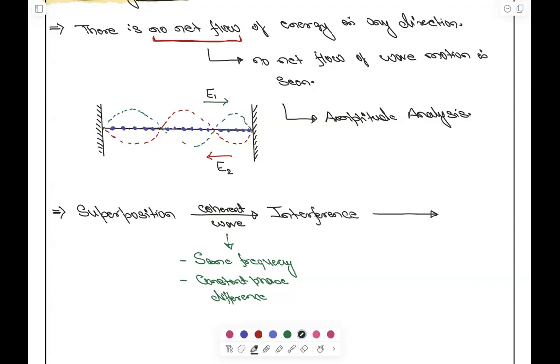And when we have the same amplitude and opposite direction, which simply means opposite phase overlapping, what do we get now?